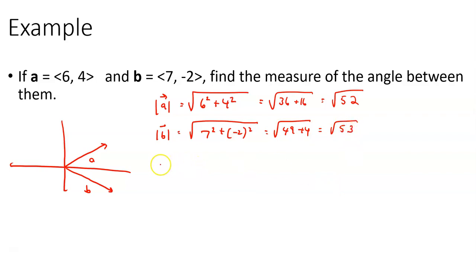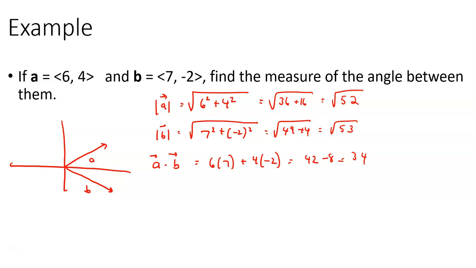The other thing I need to do the calculations is the dot product of those two vectors A and B. First component times first component, so 6 times 7, plus second times second, 4 times negative 2, gives me 42 minus 8, which is 34.